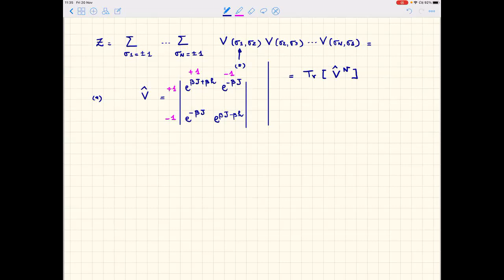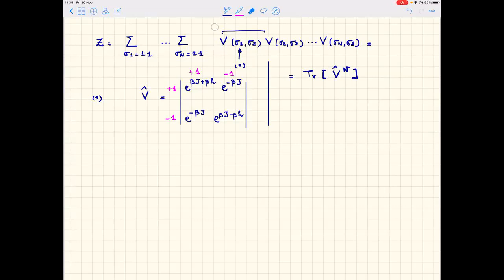Why the trace? Because let's look at this product here. Among these sums, I have also the sum over sigma 2. So if I put it here, sum over sigma 2 equal to plus and minus 1, you see that this gives me V squared. The product of the two matrices, by definition, is the product of the components in this way.